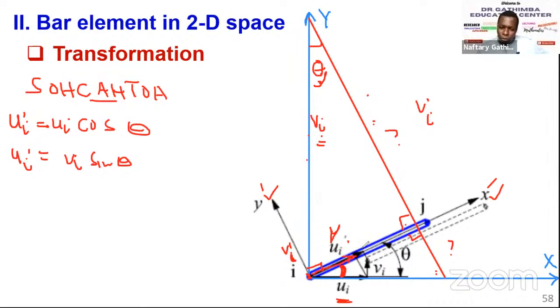So the other thing that we need to resolve is this displacement here. Remember, at this point, it might not make sense at the element scale, but at the global scale, we know the vertical displacement for the structure is important. Why we are saying it doesn't make sense, because it doesn't contribute to the stretch of an element, because the load is only applied along the axis of the member.